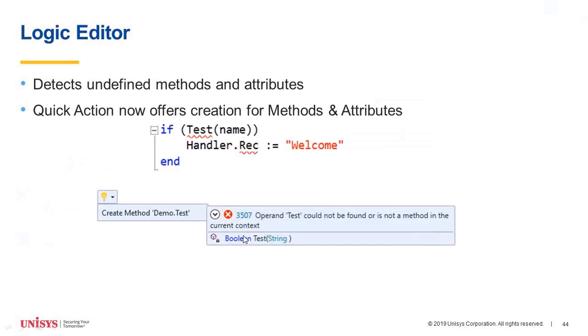It will determine the context and predefine an empty method for you with the right type signature, which you can then go in and fill out with the actual logic that you need. At least it will give you the framework to allow you a different way to define your items as you go on.